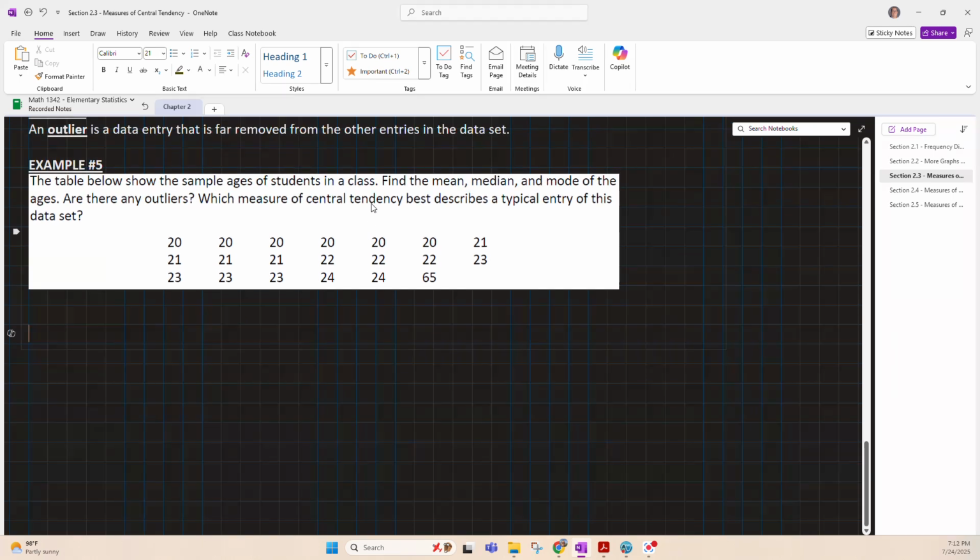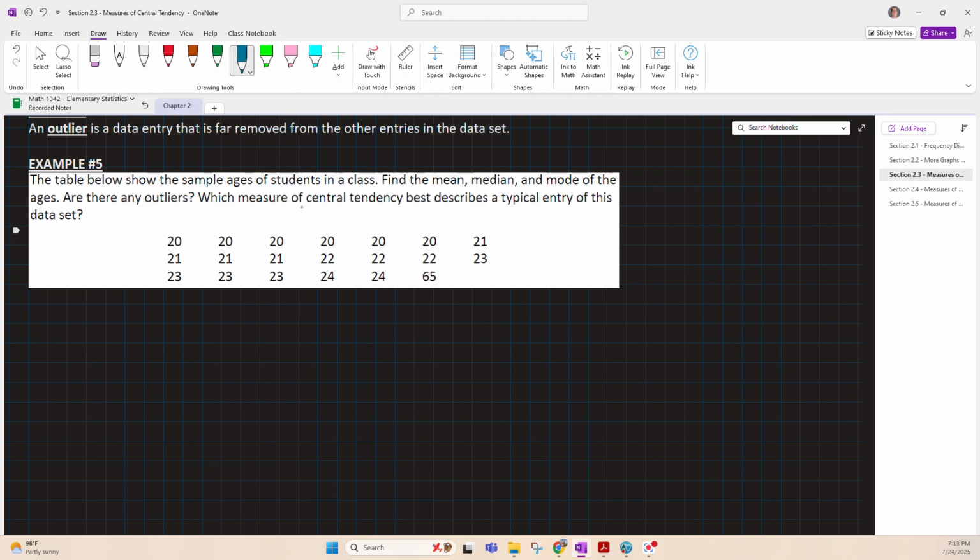Okay, the table below shows the sample ages of students in a class. Find the mean, median, and mode of the ages. Are there any outliers? Which measure of central tendency describes a typical entry of this data set? So we're going to do some things all at once. But as I'm looking at this data set, I notice that they've already arranged it for me from least to greatest. But nonetheless, let's jump in.